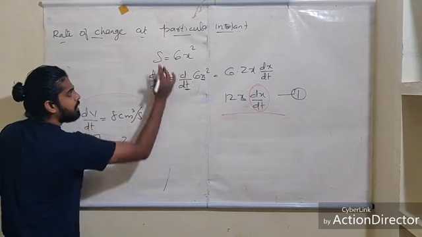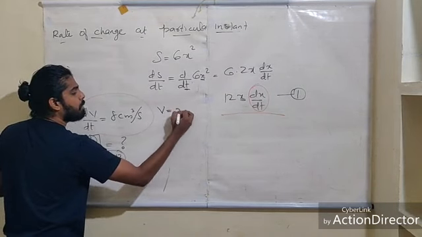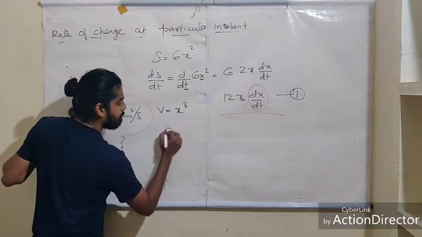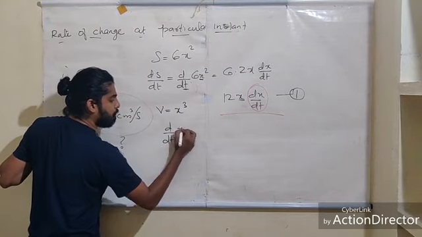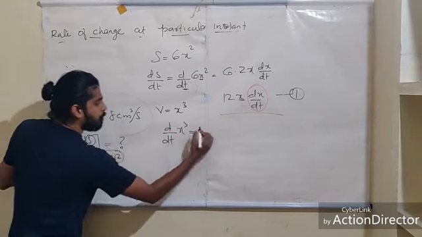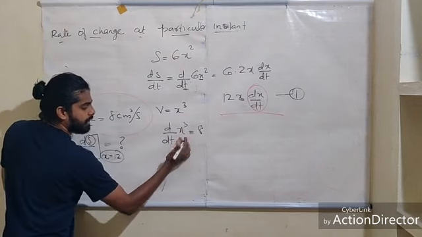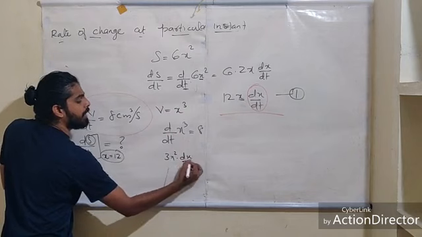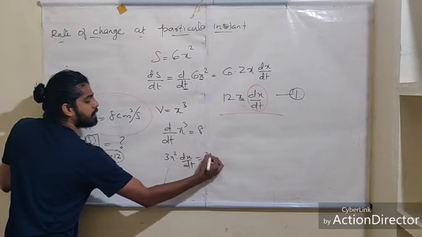Now what is V? S is 6x square and volume V is x cube. Volume of the cube is x cube, right? So d by dt of x cube is equal to 8. The derivative of x cube is 3x square, and as I told you, there will be a dx by dt. This is 8.